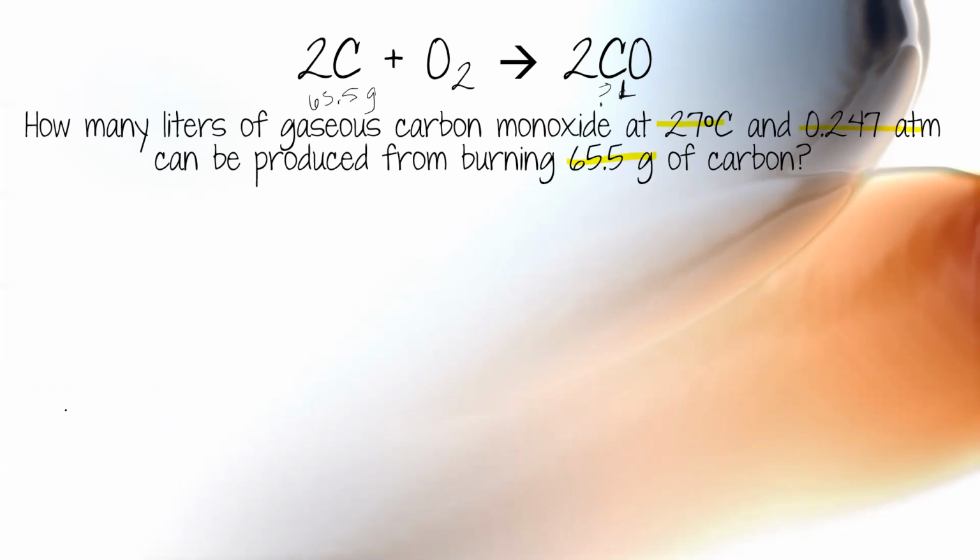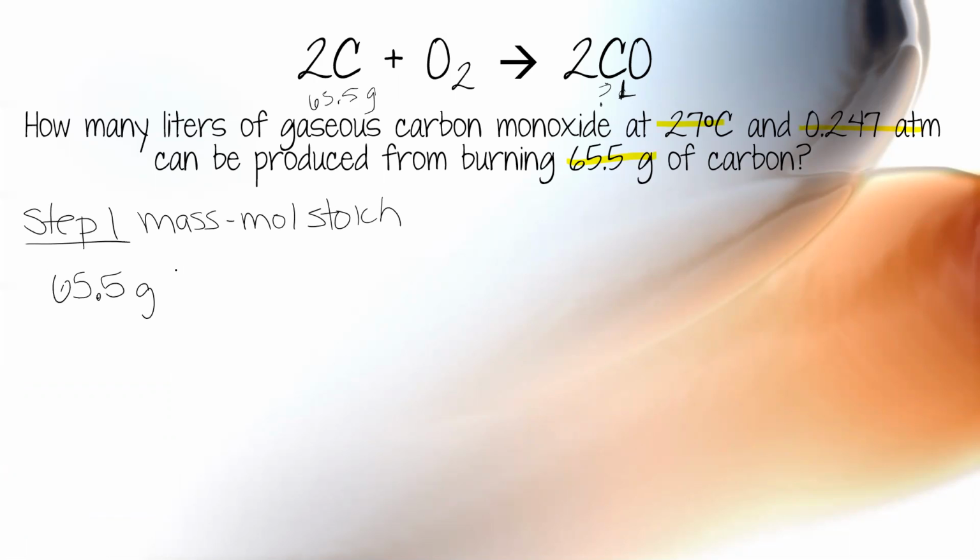All right, so step 1 is mass to mole stoich. You should be experts at this by now. So 65.5 grams of carbon. Carbon's not diatomic. 1 on the top.